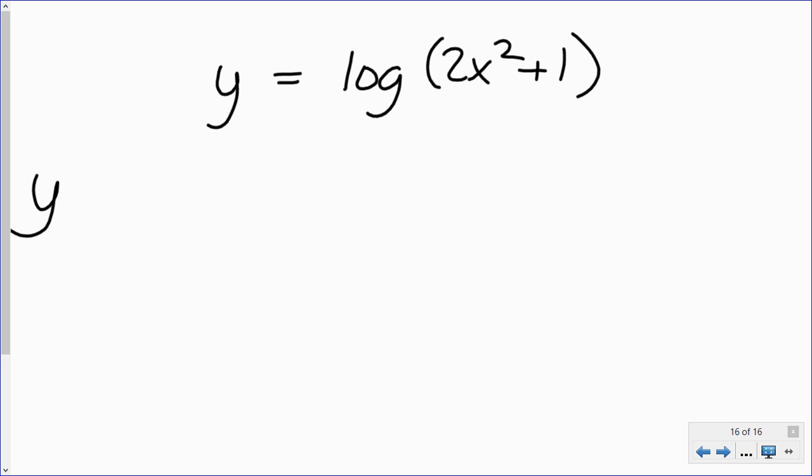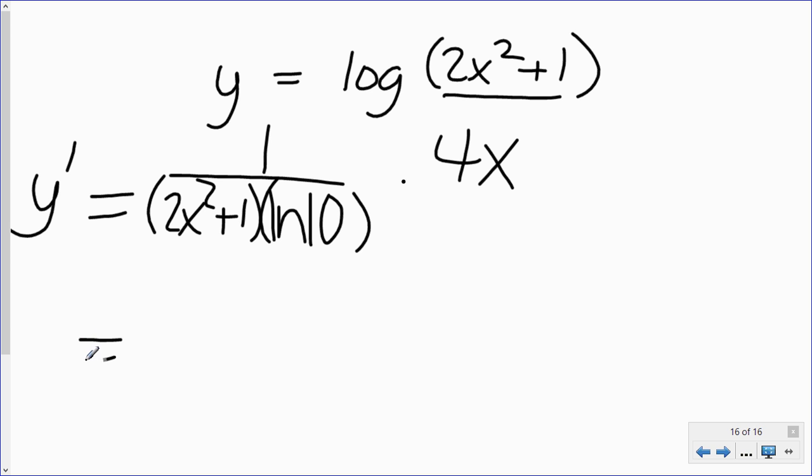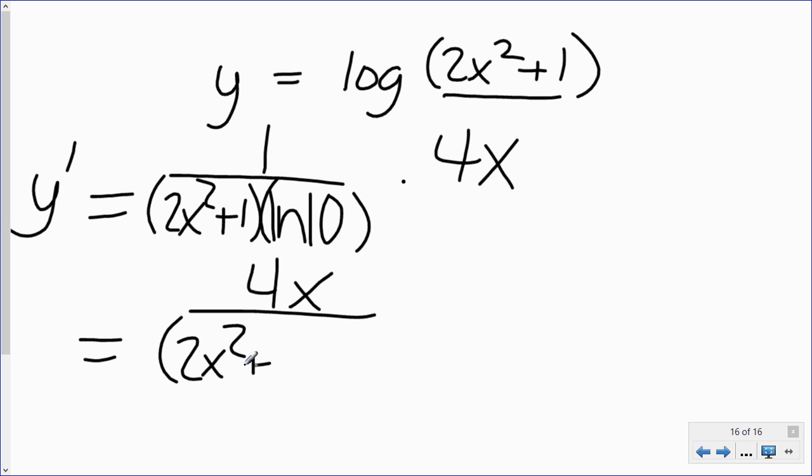Okay, so our derivative here would be 1 over 2x squared plus 1 times natural log of the base, which is 10. Okay, times the derivative of the inside, which would be 4x. And then if you multiply straight across, we'll get 4x over 2x squared plus 1 times natural log of 10.